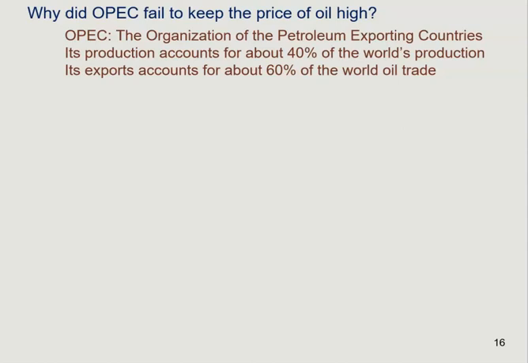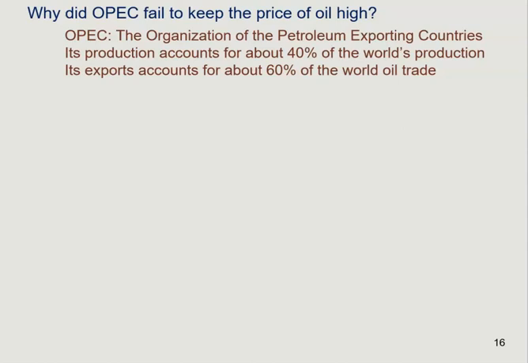The interesting observation we can make is that after that, OPEC found that in the relatively long run, in other words over the course of several years or even several decades, it was not that successful in keeping the oil price high.